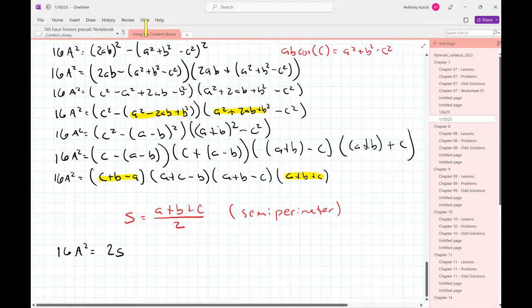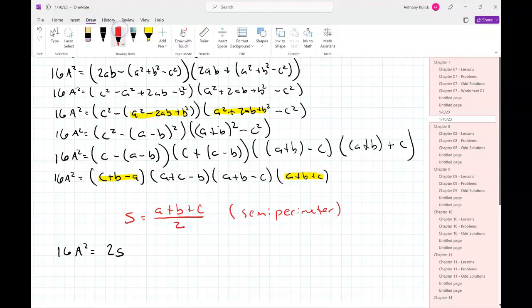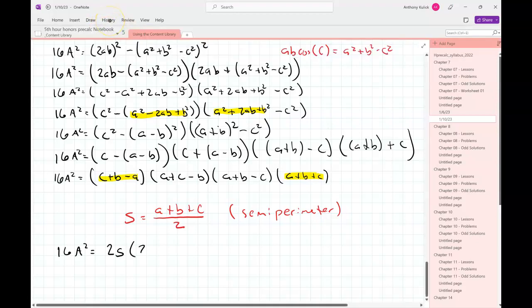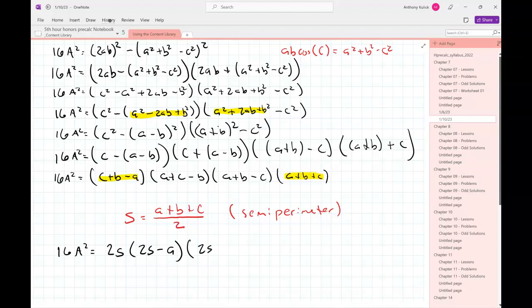This piece is going to be 2s minus 2a. If you make some common denominators, you'll see that that is what that works out to be. The next piece becomes 2s minus 2b, and then that third piece becomes 2s minus 2c.